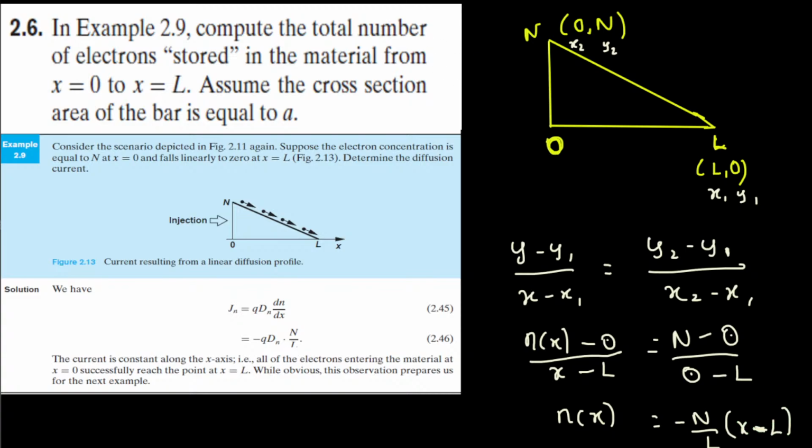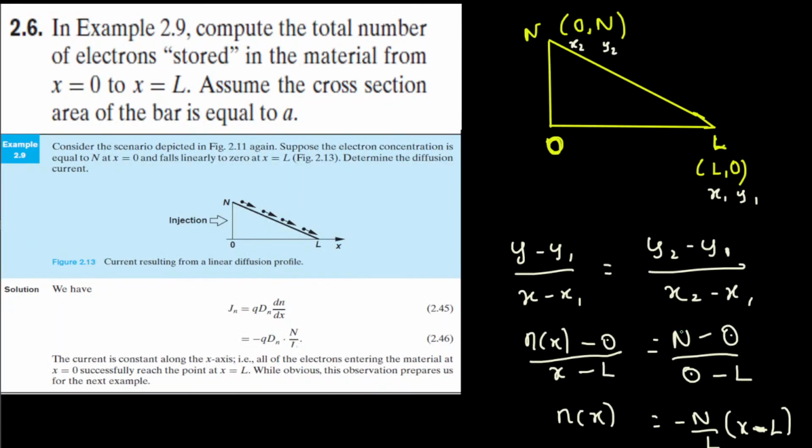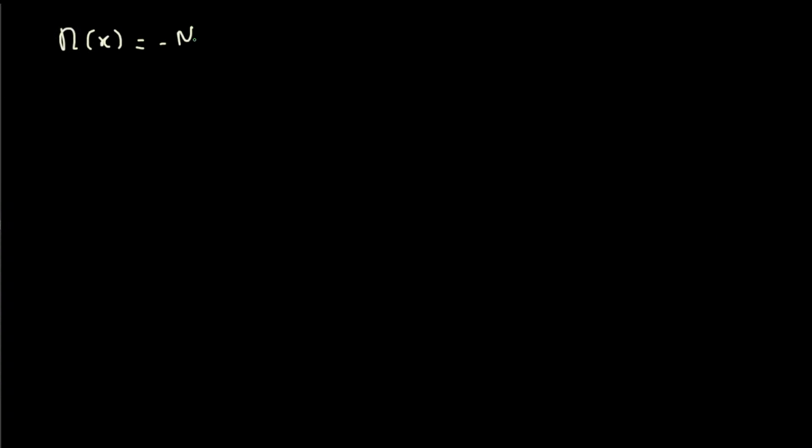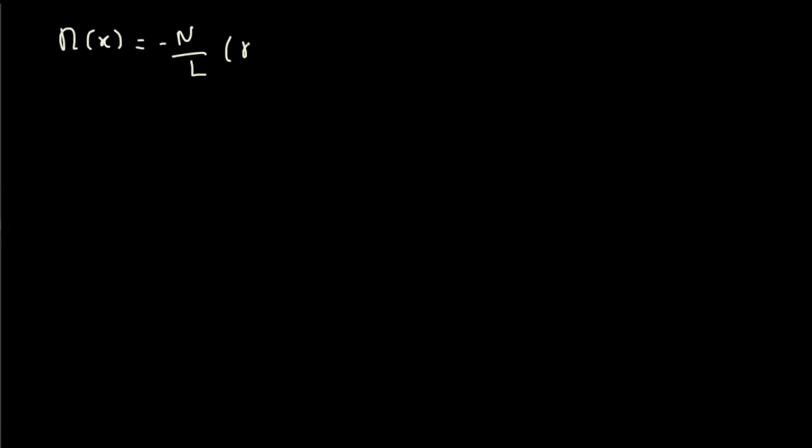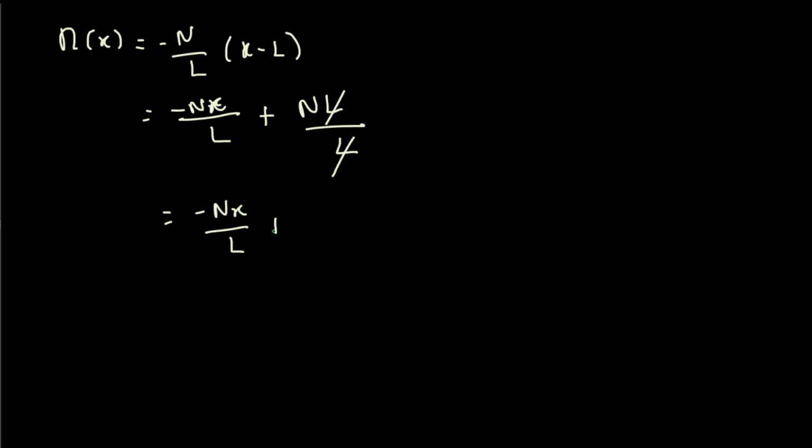We can furthermore simplify by multiplying this. Let's go and do it in the next page. So from the previous one we derived n of x is equal to minus n over L times x minus L. If you multiply this out, this is going to give us minus nx divided by L, and then minus nL, actually minus this is going to turn into plus, so plus nL divided by L, here L cancels, so finally we end up getting minus nx over L plus n.